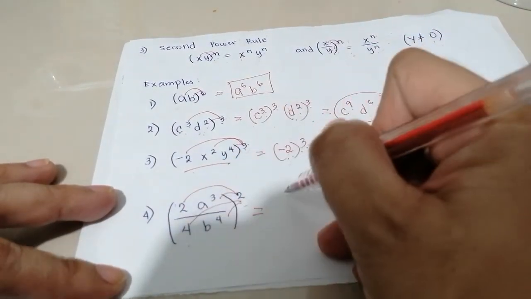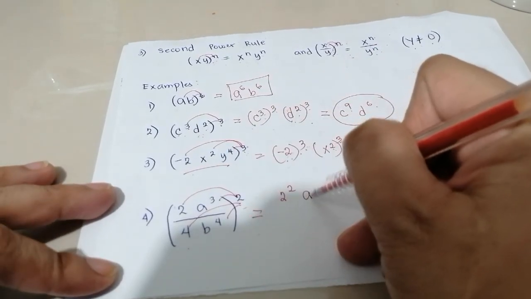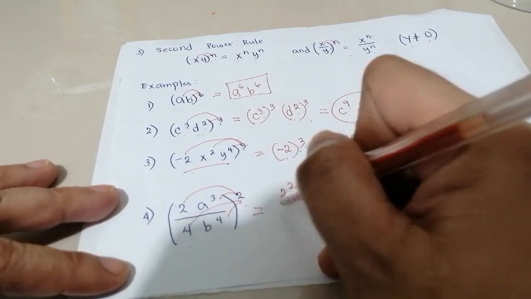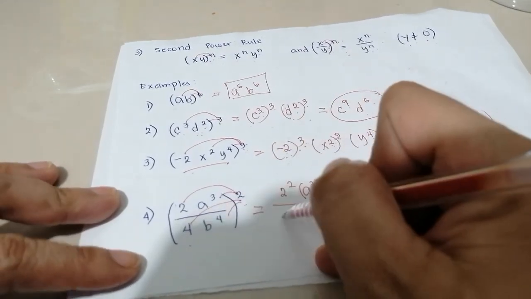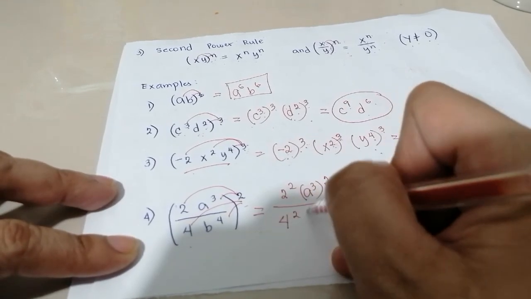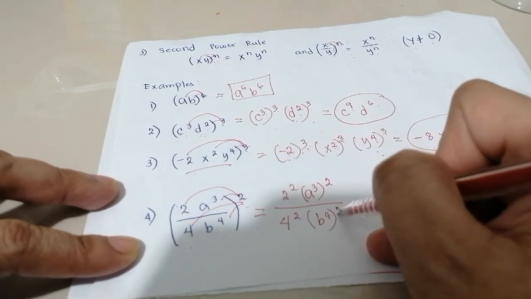So doing that, we'll get 2 raised to the 2nd power, and then a raised to the 3rd power, close and open parenthesis, raised to the 2nd power, over, ito, 4 raised to the 2nd power, and then b raised to the 4th power squared.